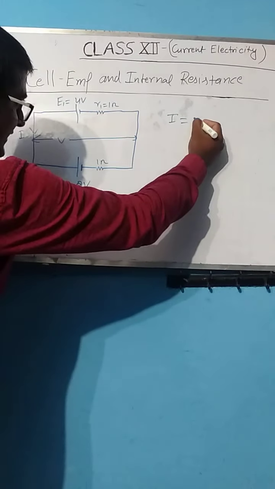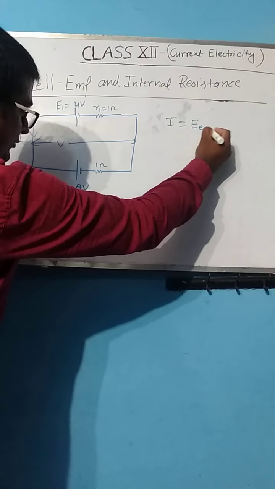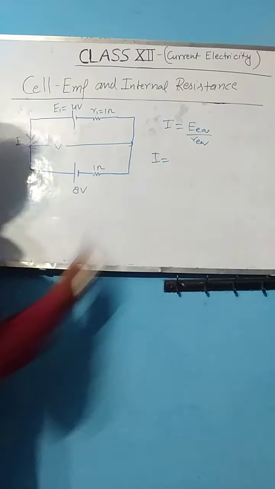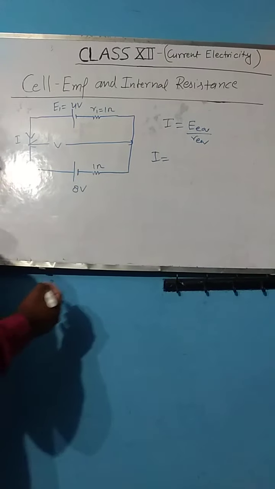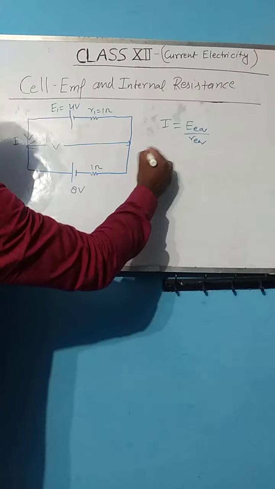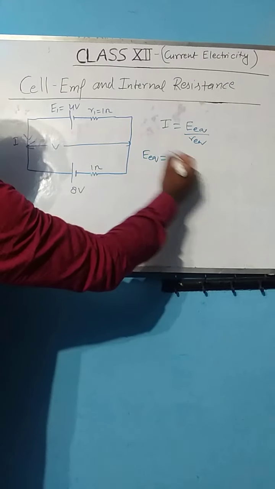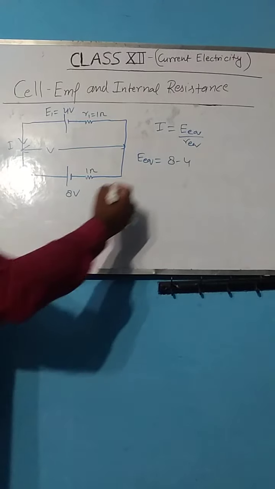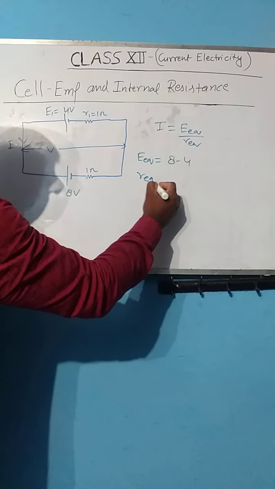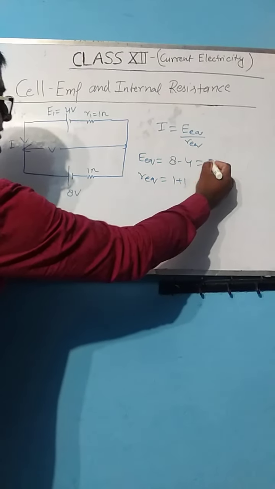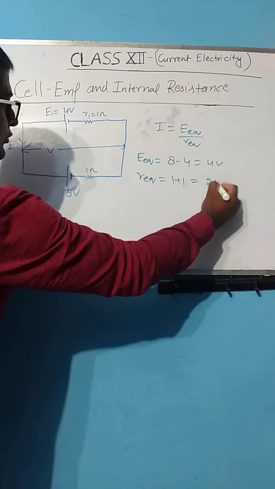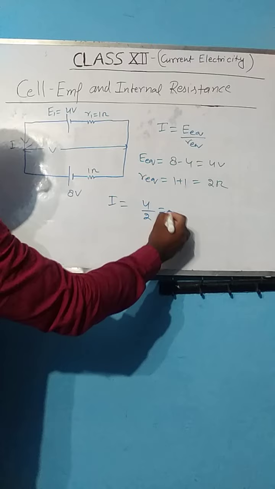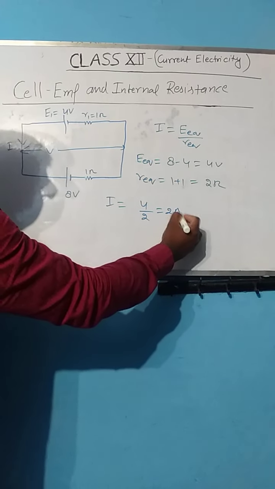I equal to E equivalent by R equivalent. The E equivalent will be 8 minus 4, and R equivalent will be 1 plus 1, so this is 4 volt and this is 2 ohm. So I will be 4 by 2, which is 2 ampere.